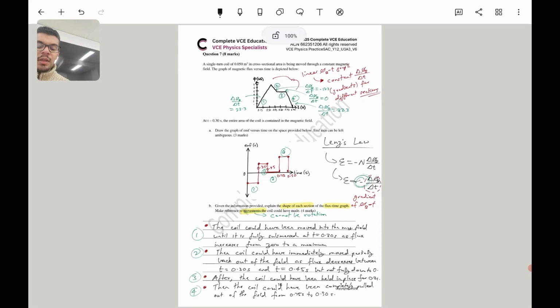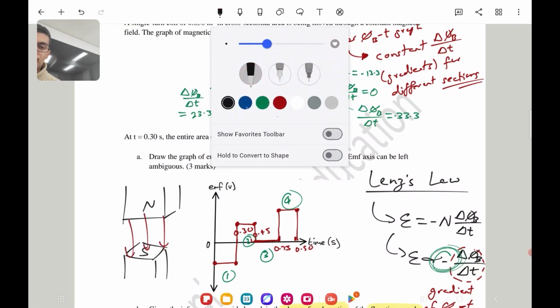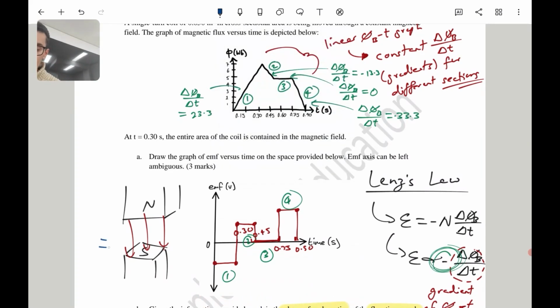So just to illustrate this situation to everyone, let's say we have our bar magnets here, like so. Here's a north pole, here's a south pole, and the magnetic field is pointing downwards like this. Initially we could have a coil, and the coil could have been moved into the magnetic field, and let's say fully, it could fully enter the magnetic field.